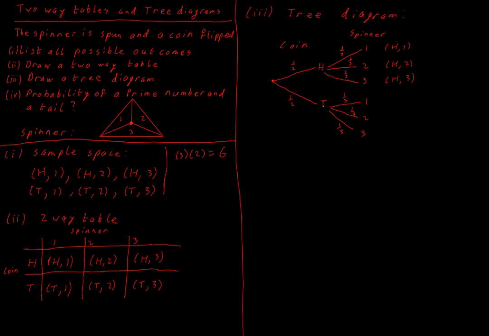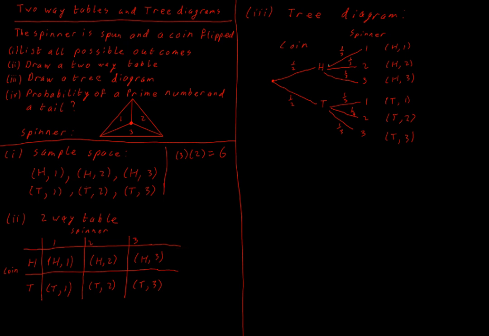We could have gotten a tail and then a 1, a tail and then a 2, and a tail and then a 3. So those are all of the different possible outcomes that I could have had with my tree diagram, and I can see that they give me the same results as my two-way table or listing out my sample space.